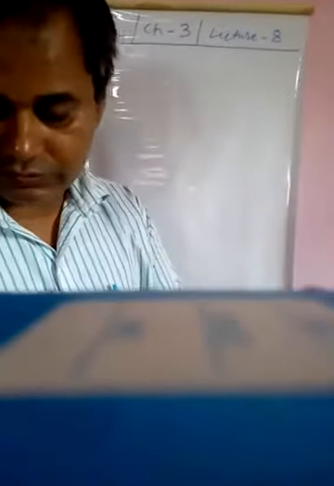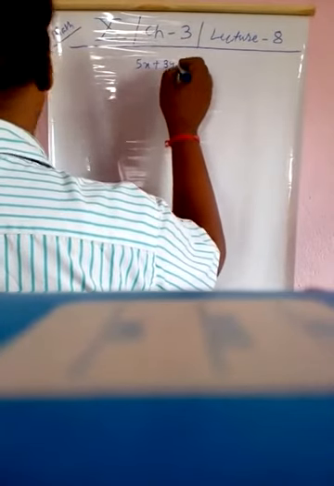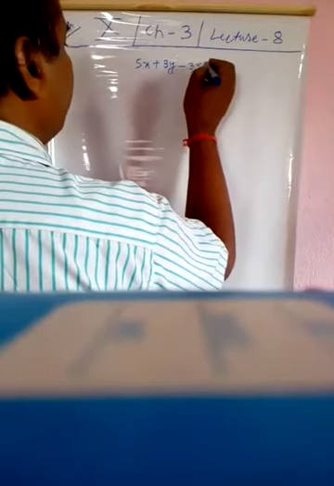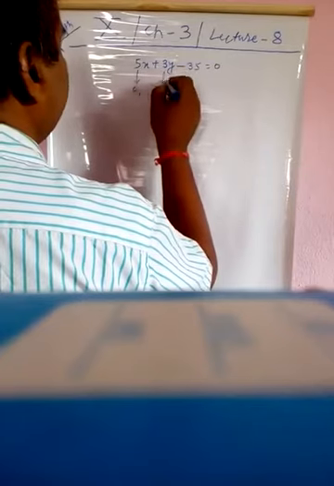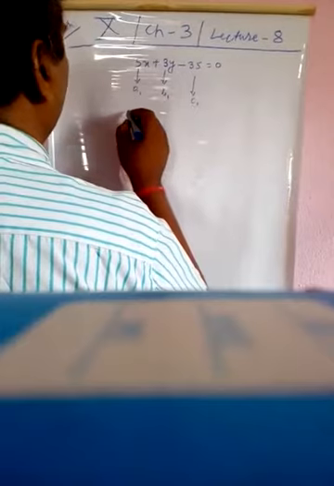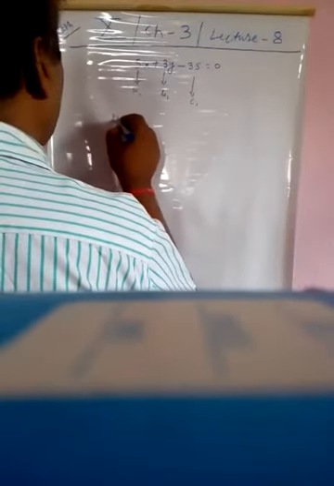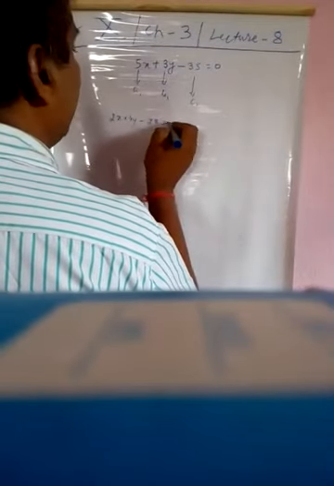So here you can write 5x plus 3y minus 35 is equal to 0. So this is a1, this is b1 and this is c1, and next is 2x plus 4y minus 28 is equal to 0.